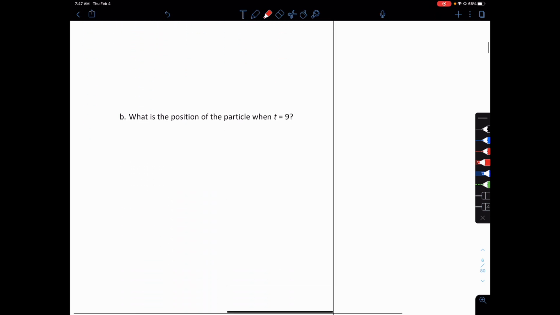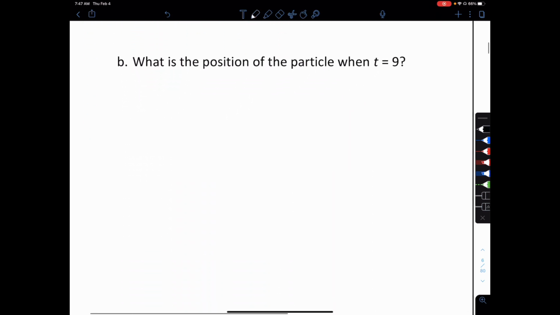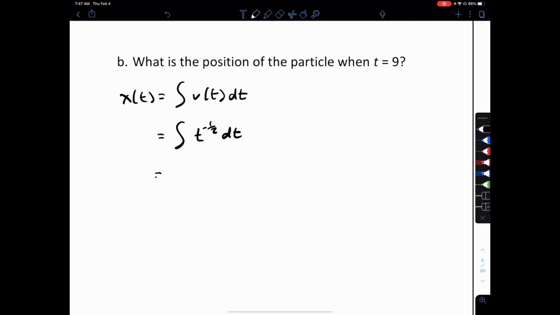B, what's the position of the particle when t equals 9? Well, we need a position function. To find a position function, we're going to integrate the velocity. The velocity function was t to the negative half. We add 1 to the exponent, multiply by the reciprocal, and add our arbitrary constant.